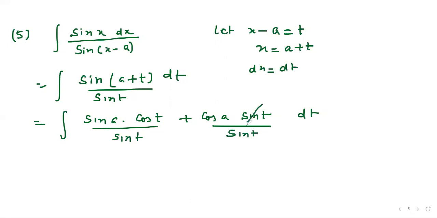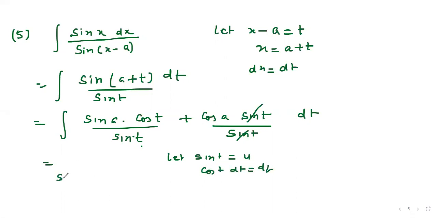So here sin t will cancel out, and here if we take sin t equal to u, we will get cos t dt equal to du. So let sin t equal to u, cos t dt equal to du.